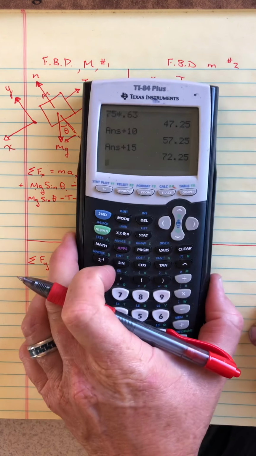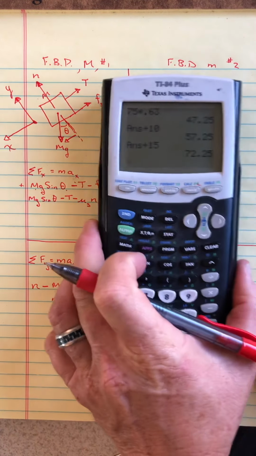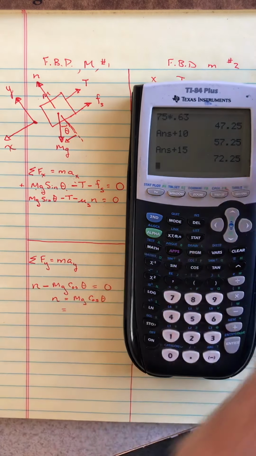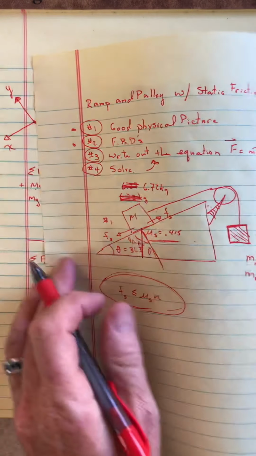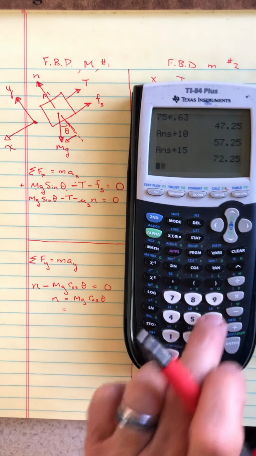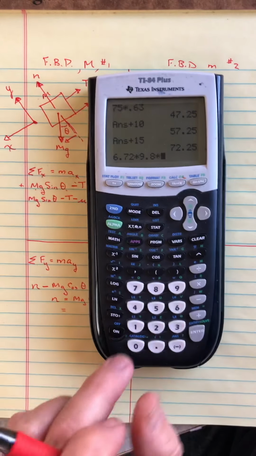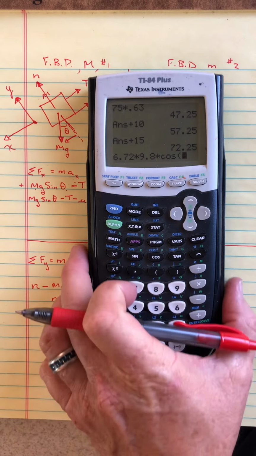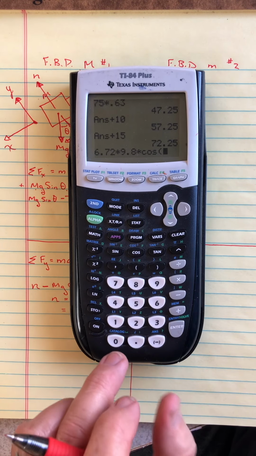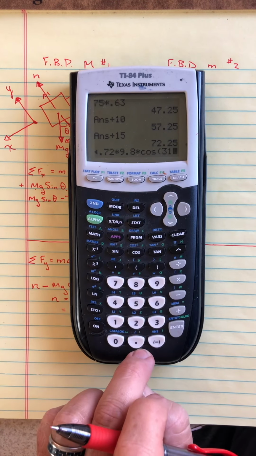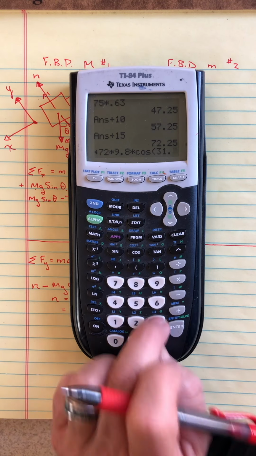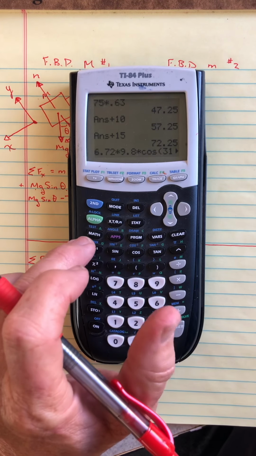So capital M was somewhere back here in this picture, 6.72 times 9.8, and then times cosine of 31.3 degrees.